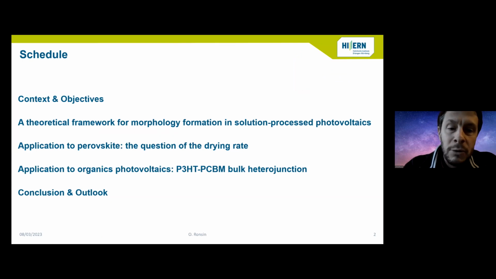And then we'll switch to organic photovoltaics, and there we focused on reproducing the formation of the bulk heterojunction for a P3HT:PCBM system. Why P3HT:PCBM? It's not the newest system, of course, but the main reason for this is that we have a huge amount of data on this system that we need to check our simulations. And then we'll finish with the outlook.